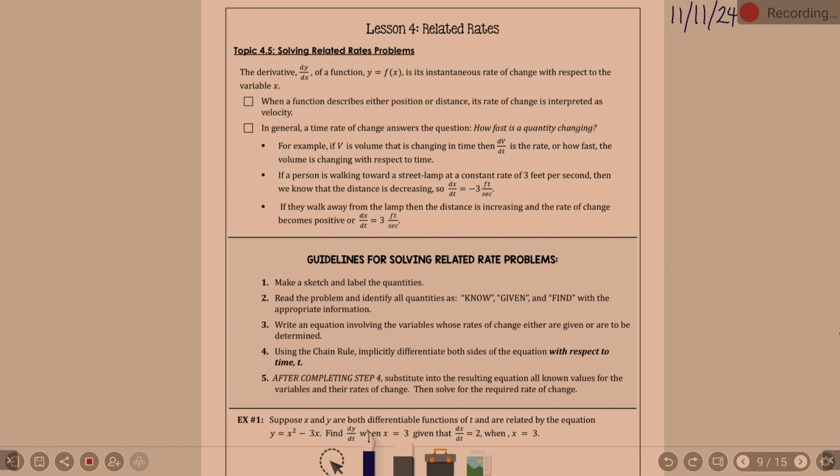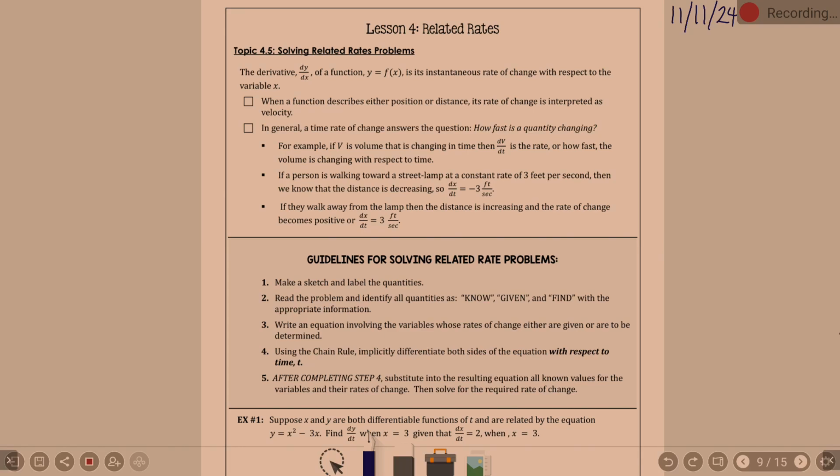Now, we have kind of 5 steps. I don't usually number them, but these are some of the pieces. When we're solving related rates problems, these are a big deal in calculus. One, make a sketch.